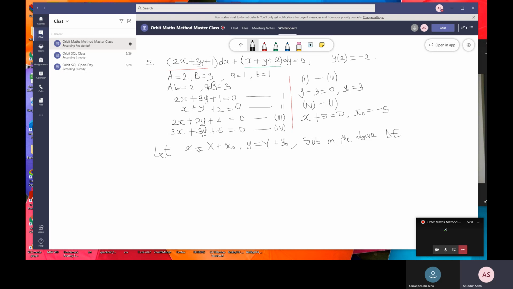So if I substitute those things above, everything is going to remain the same. It's just that the constant value is not going to remain. But all your capital X and all your small x and your small y become capital Y.